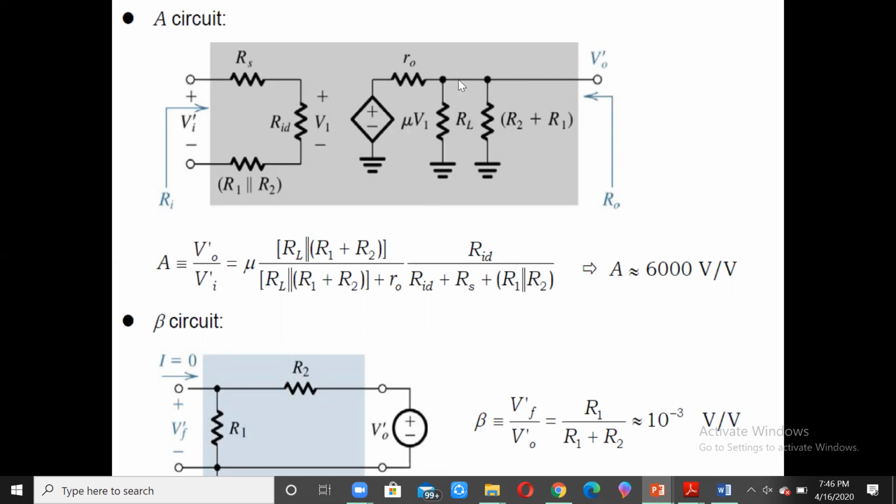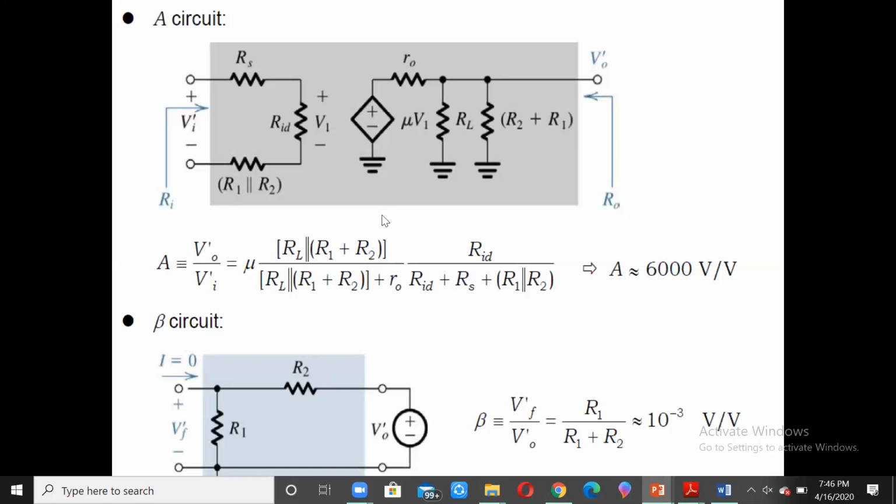The parallel combination is RL in parallel with R1 plus R2, as mentioned over here. Then divided by R0 plus the parallel combination of both of those. That is going to give us the value of mu V1.